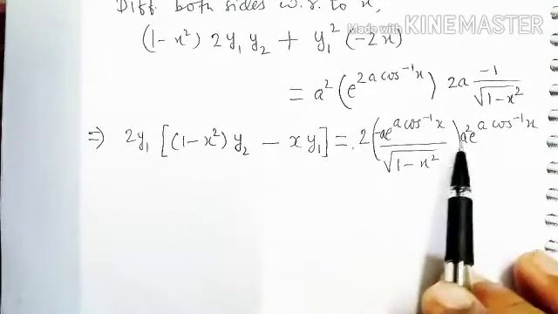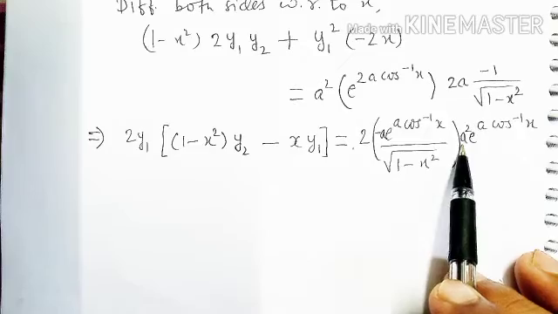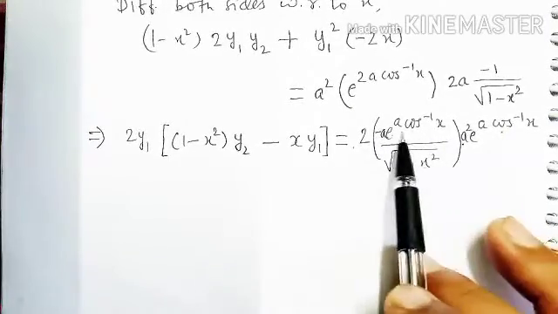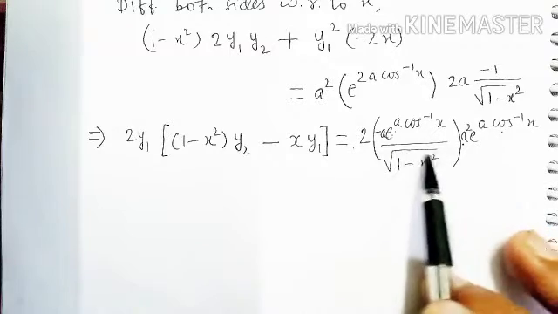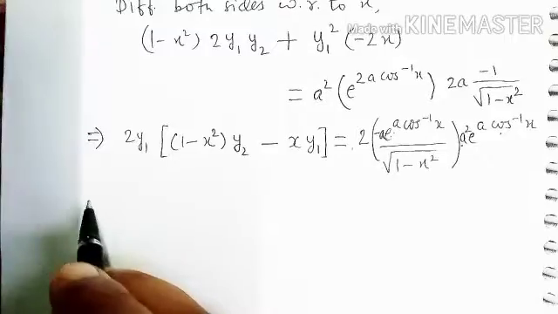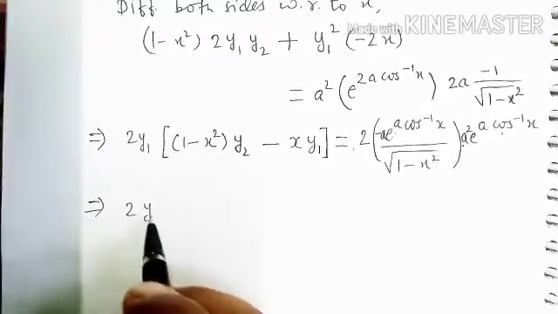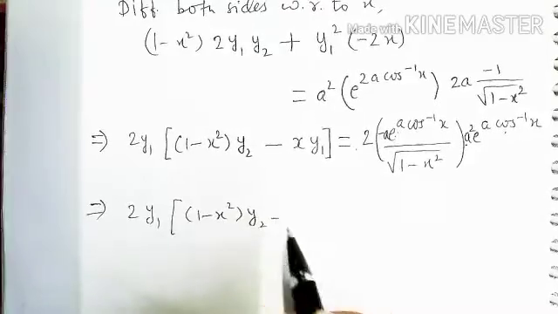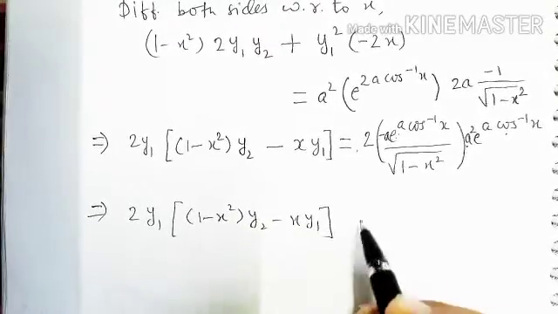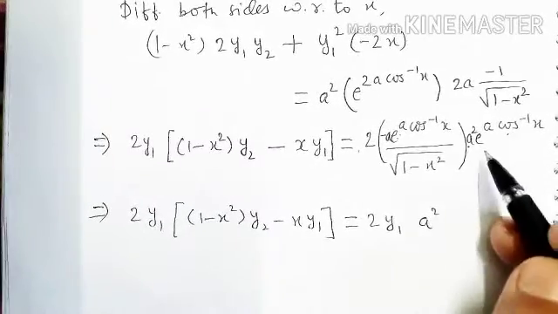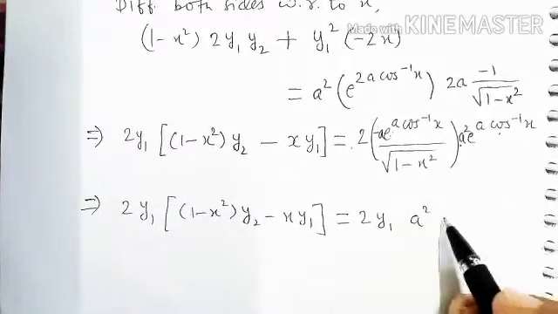The a square comes here, obtained from multiplying these two. Now this one is y1. So we have 2y1 times 1 minus x square y2 minus x y1 is equal to 2y1 a square, and this is our y.